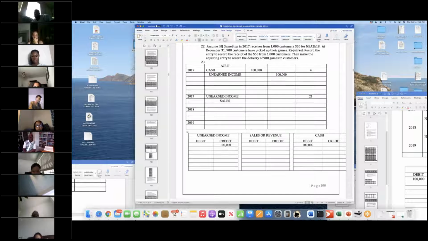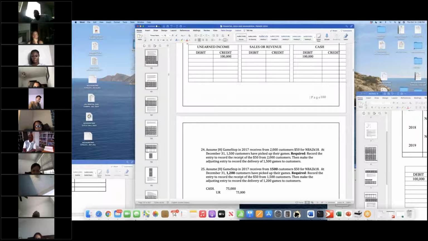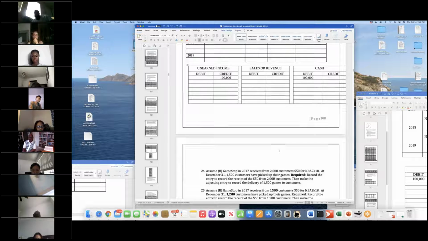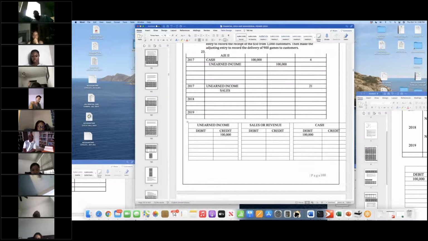Then it says in this problem, 1,500 customers picked up the game. So of course, to get the 100,000, we simply multiply 2,000 times 50. Okay, so that's how we got the 100,000.